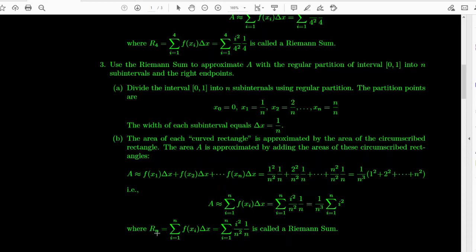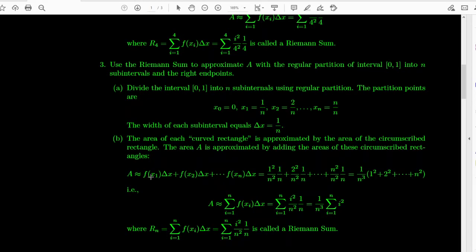More precisely, we say this is the Riemann sum using regular partition and right endpoint. By regular partition, again, we mean to divide the interval into n subintervals of equal width. By right endpoint, just imagine the geometric meaning.